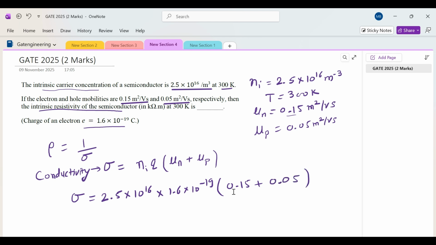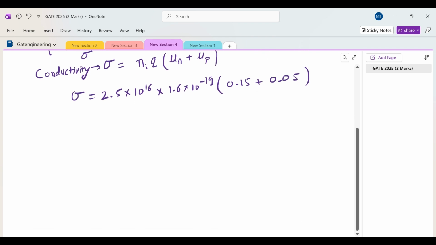After solving this equation, conductivity sigma is equal to 8 into 10 to the power minus 4 Siemens per meter.